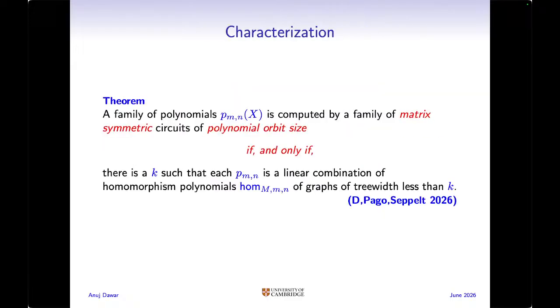And here's the theorem I just wanted to state. This is joint work, which was in ITCS this year, with Tim, who's over here, and my postdoc, Benedict Pago.